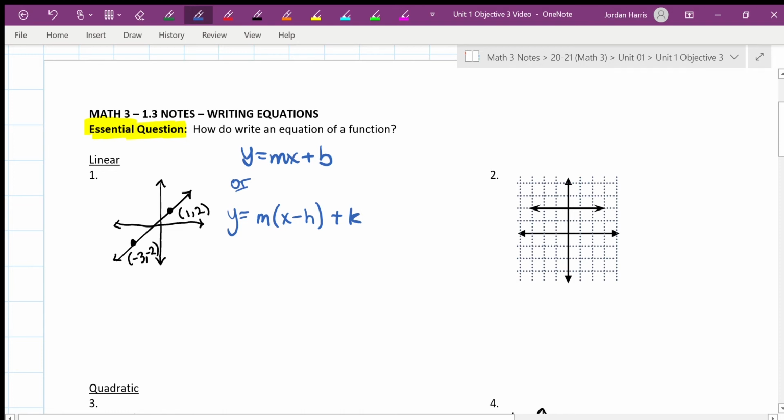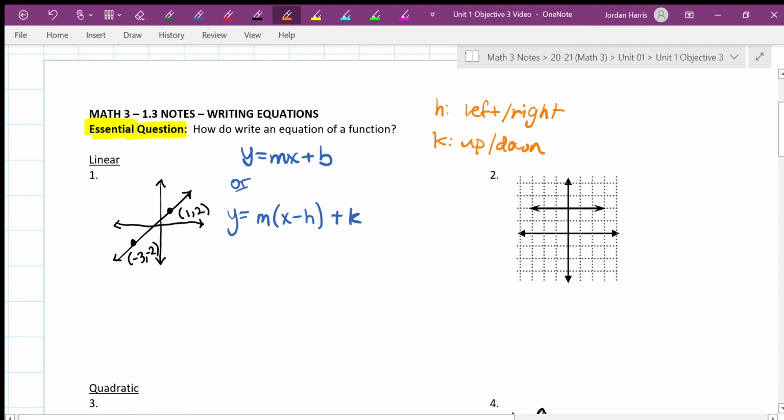This is kind of point-slope form, but it lets you use shifts. And h is generally our left-right shift, and k is generally our up-down shift. Okay, you'll see that on the other equations we write.